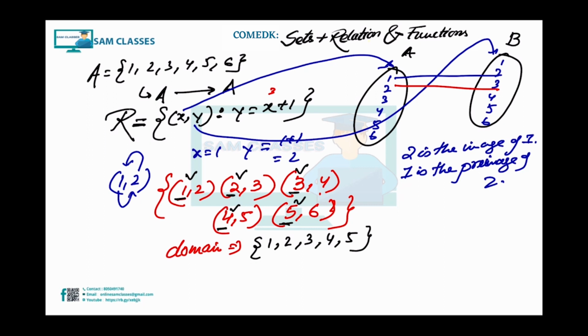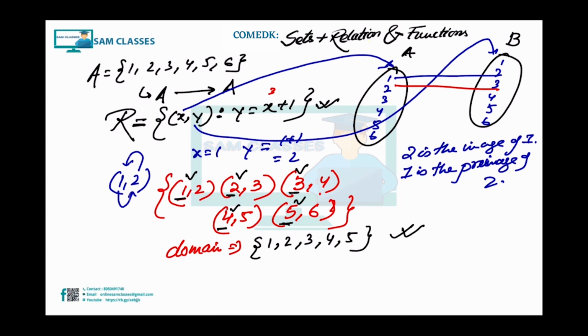Since we have given a condition that anybody following this condition can make a relation. Earlier every ordered pair was a relation. Now we give a specific condition. If you follow this condition, you are in the relation. Correct?